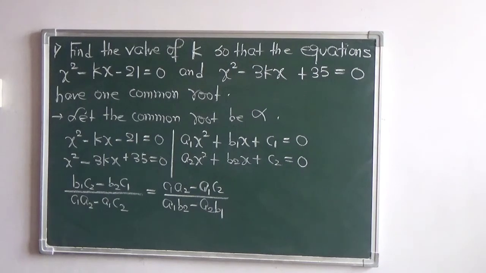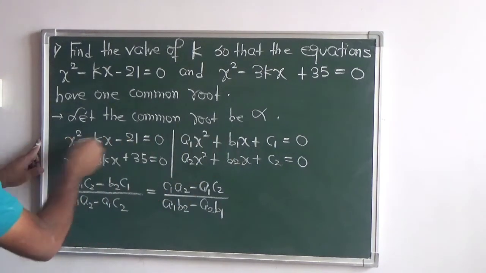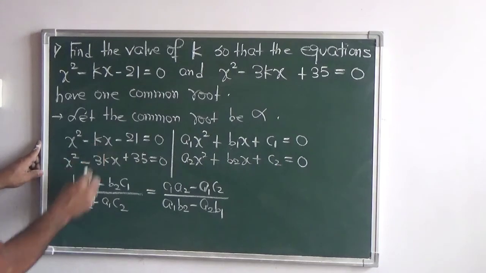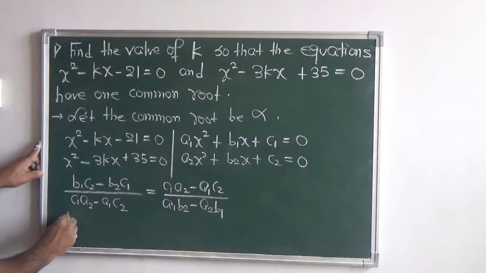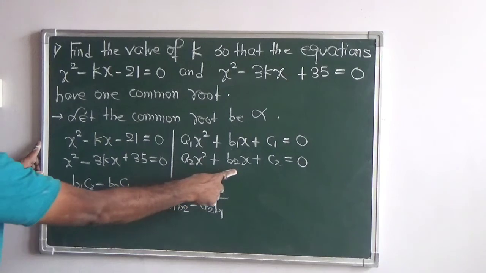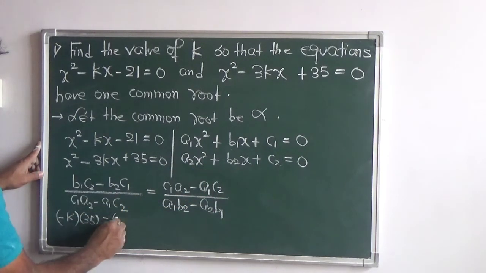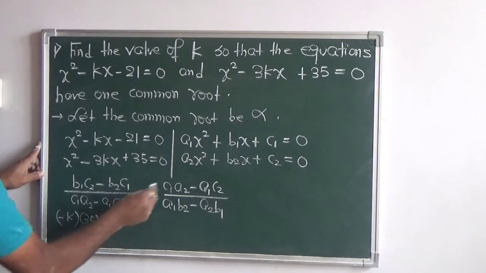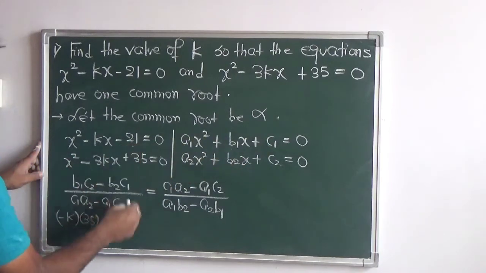What is b1? In this equation, b1 is minus k. So we write minus k into c2, and c2 is 35. Minus, what is b2? b2 is minus 3k, into c1, which is minus 21.